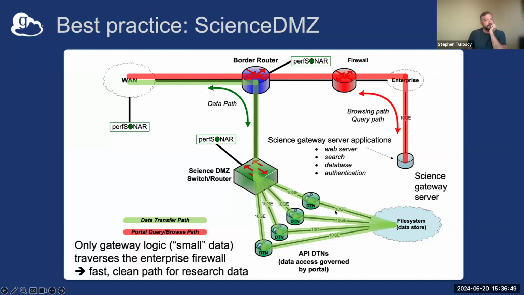So we're doing transfers across these DTNs through your router, and then your Science Gateway lives over here on a web server with Globus Search enabled, running in Globus Cloud, maybe a database running with Globus authentication. So you have this firewall only dealing with these easy, more or less HTTP requests, and then your DMZ with your DTNs is where Globus sits, dealing with your file system store.